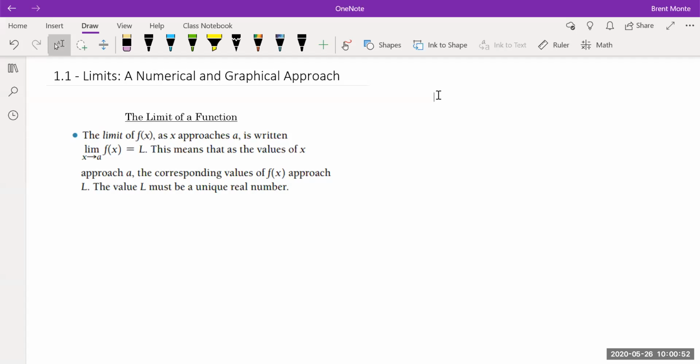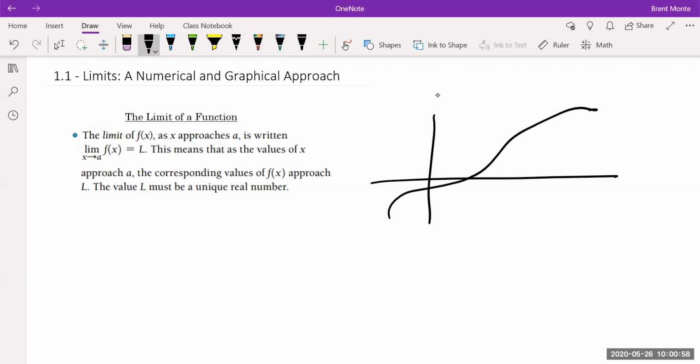Let's draw a picture and see what's going on. All right, so I've got my x and y axes here, and say I've got a function that looks like this. We know that's the x-axis, we'll call this a. So this is my function, y equals f of x. Then we're looking to see what happens.